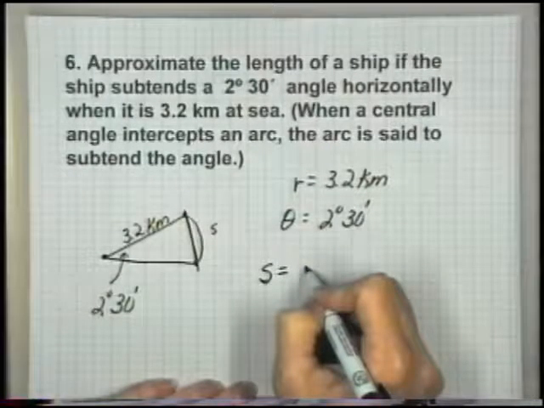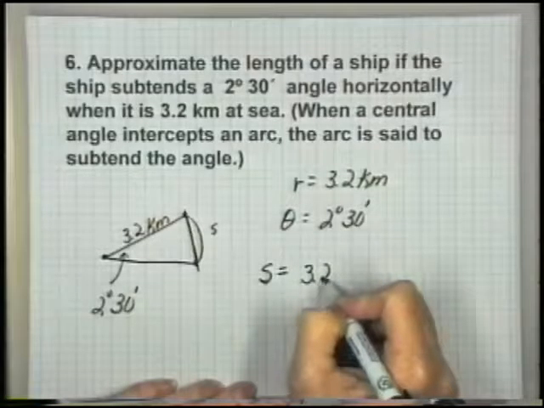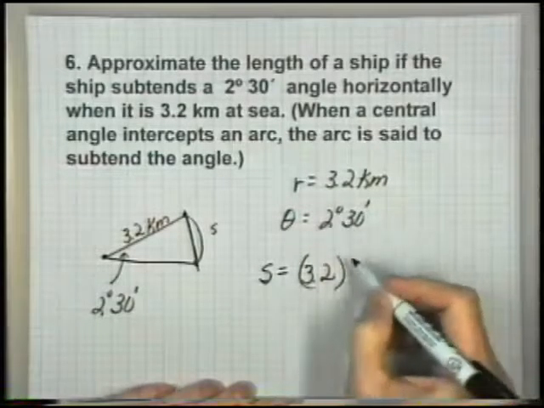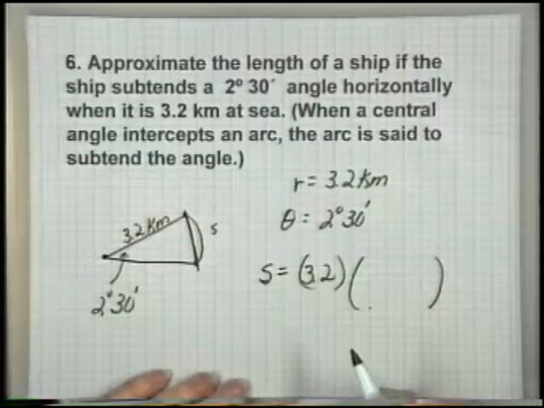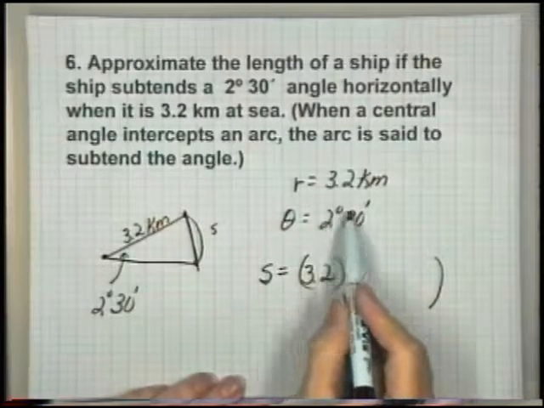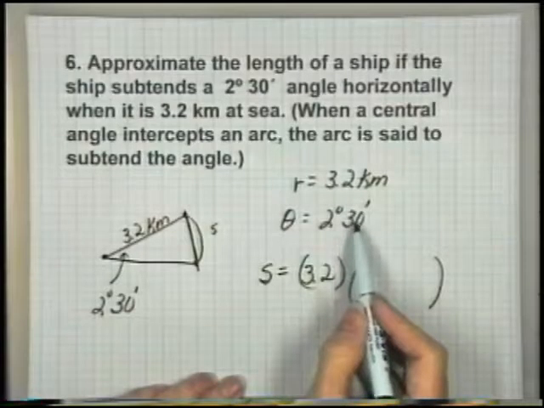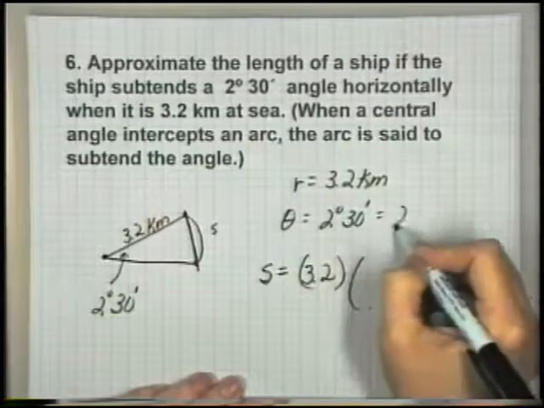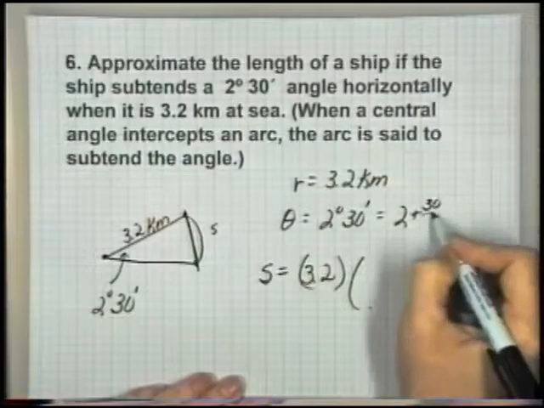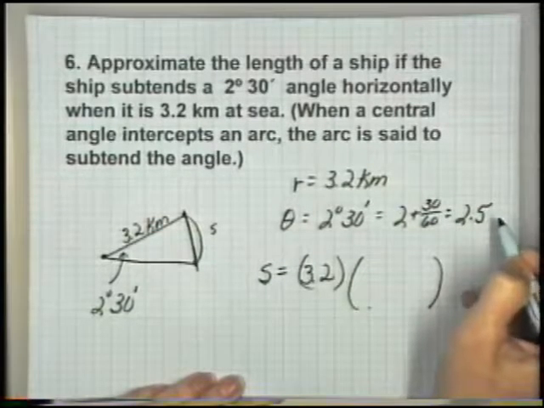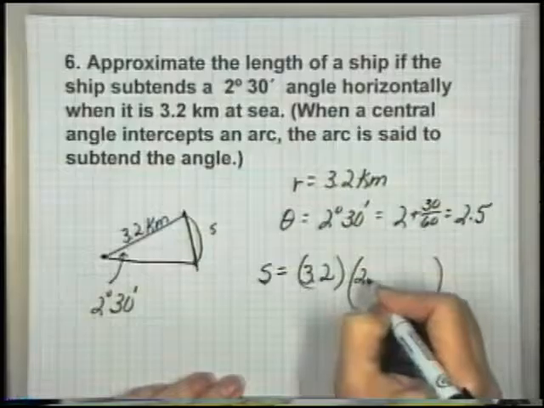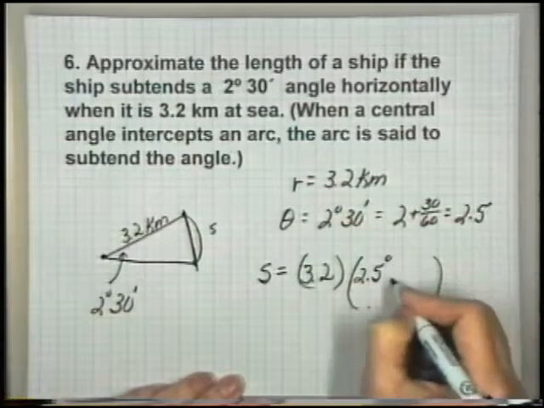So S is R times theta, so we'll say 3.2 kilometers. And for theta, the problem is we have to change it to radians. I would go ahead and write that 30 minutes is half of 60 minutes, isn't it? So I would write that as 2.5 degrees.